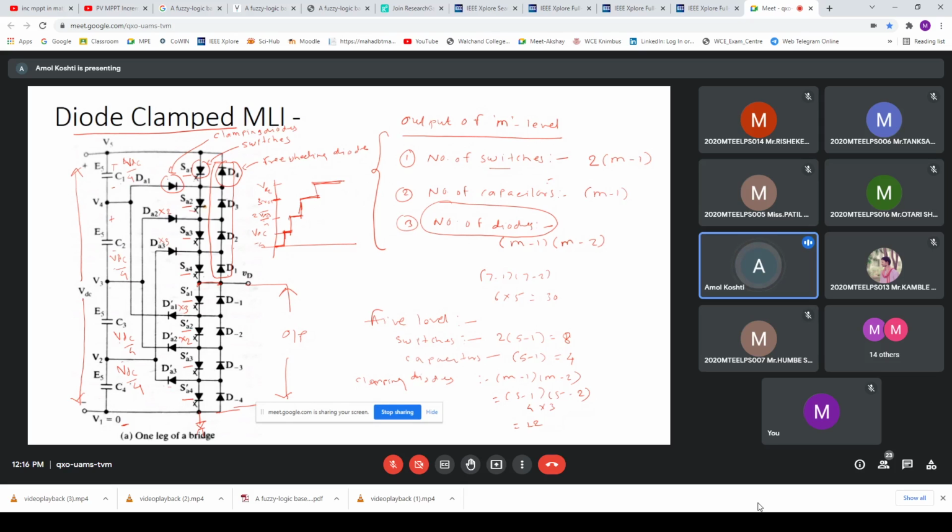I hope you understand this. Today we stop here. If you have any query, you can ask. Otherwise, we are going to extend this diode clamp inverter tomorrow with the modes of operation and the switching table. Any doubt, or shall we stop here?